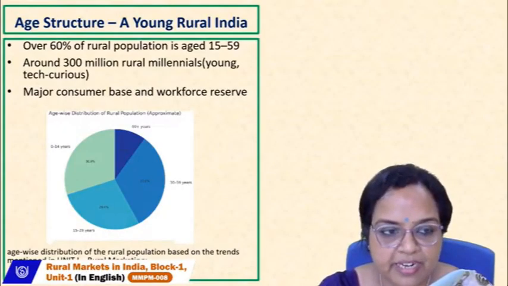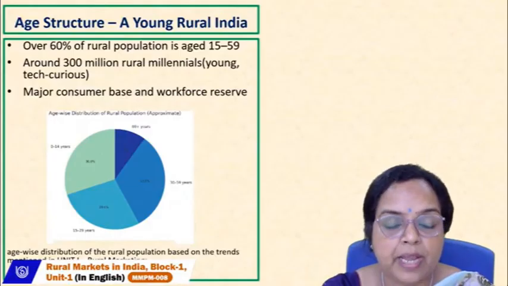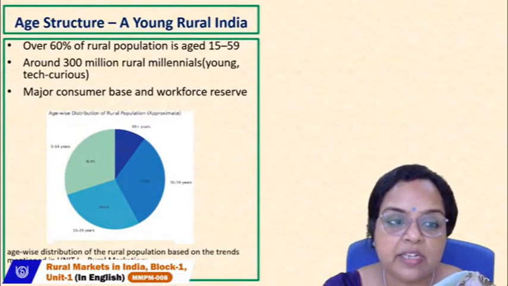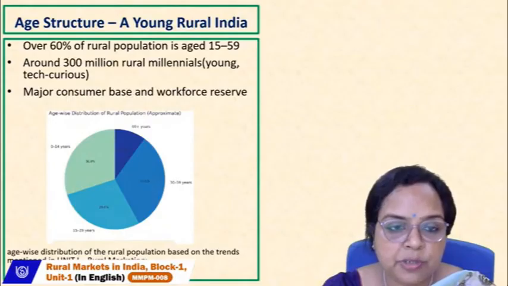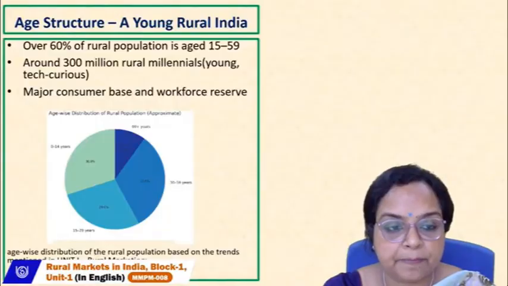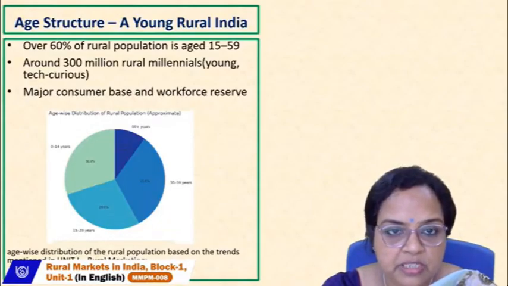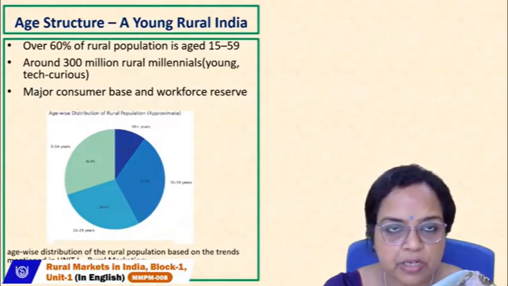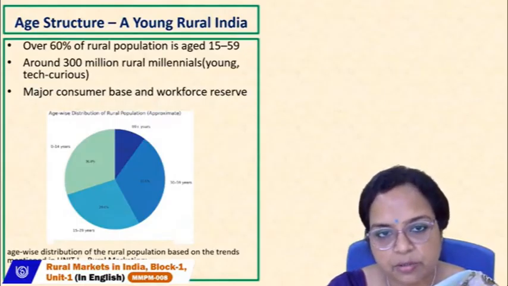They are more tech savvy, they are looking for new products, they are searching for feedback, so they are naturally tech curious. Major consumer base and workforce reserves are from this millennial category. So as we discussed, 60% are in the age of 15 to 59. So we will consider the rural belt as young rural India.